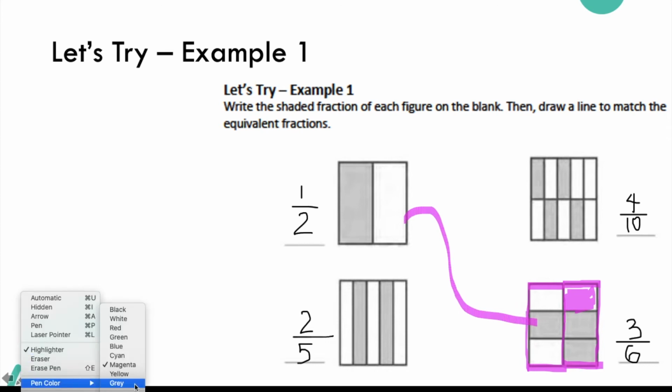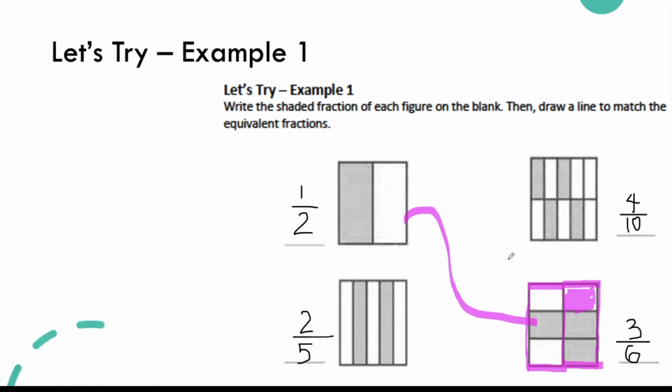Let's try my 5th and my 10th. So again, I can see some columns here, just like my 5ths. So right, I can see sort of 5 columns poking out, 1, 2, 3, 4, 5.